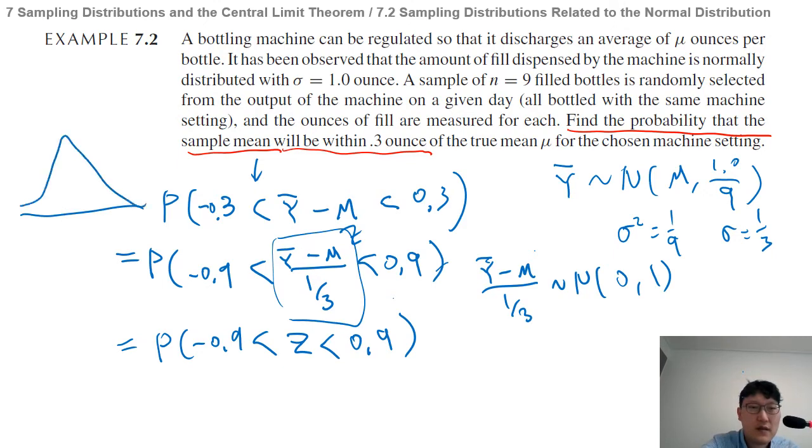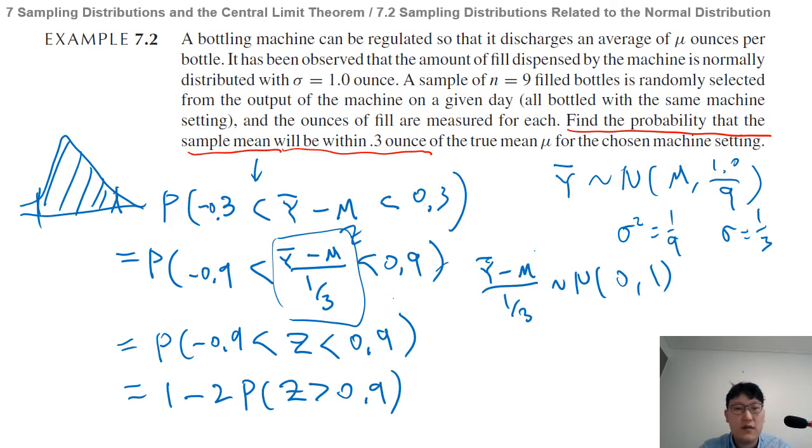This is the same as 1 minus 2 times the probability that z is greater than 0.9. The probability that z is greater than 0.9 is 0.1841, so you put in this value and you can calculate the result.